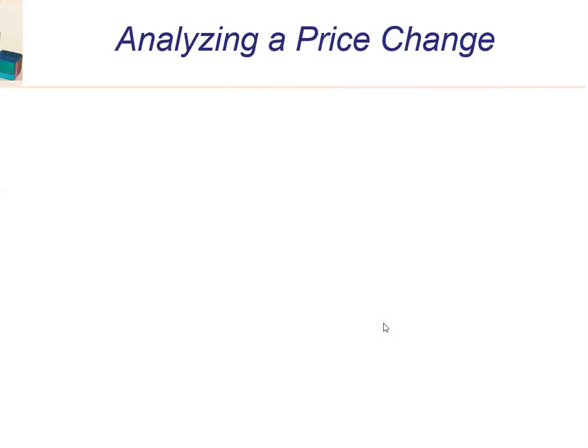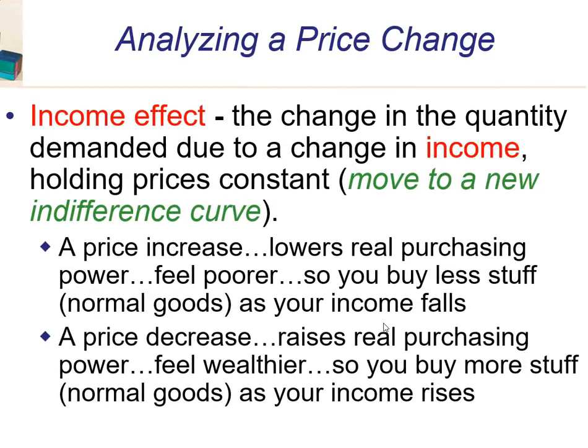So to analyze a price change, then, we also have to consider the income effect. This is the change in the quantity demanded due to a change in income. In this case, we hold prices constant, and this will allow us to move to a new indifference curve. So the two possibilities for a price change: price could go up, in which case your ability to buy stuff, your real purchasing power, has dropped, so you feel poorer now.